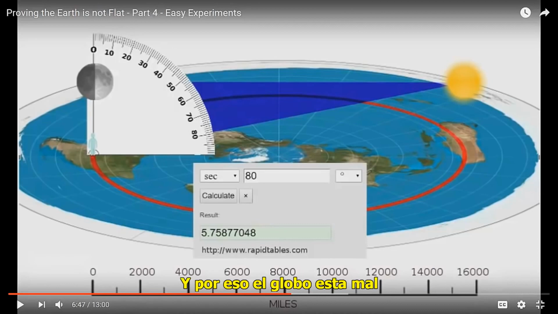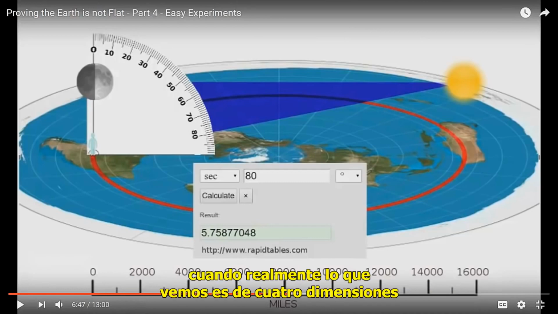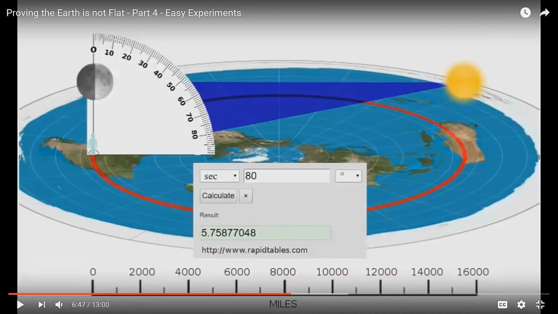And this is why the globe is wrong, because we are constantly being told to consider the globe from an external two-dimensional frame of reference, when really what we see is a four-dimensional internal frame of reference, and that is never ever translated into illustrations of the globe.